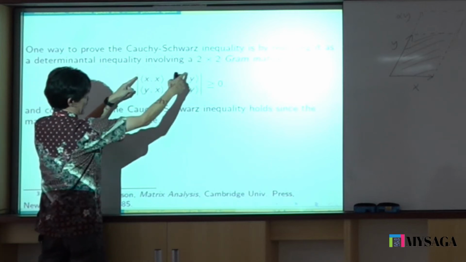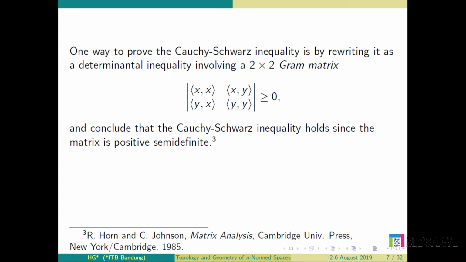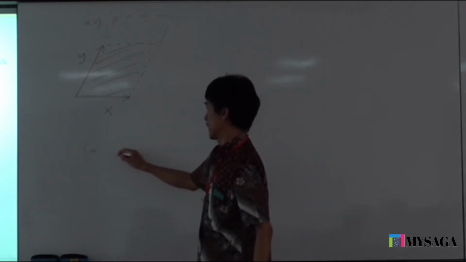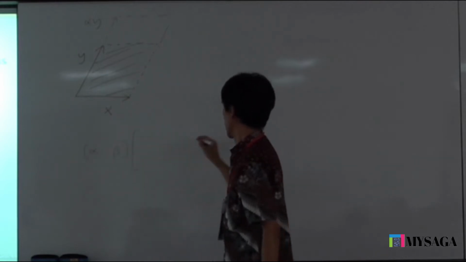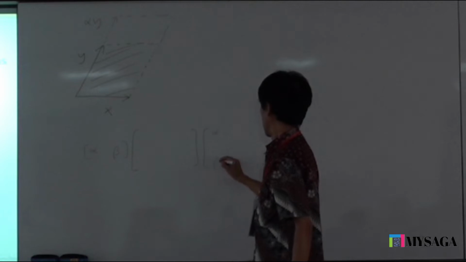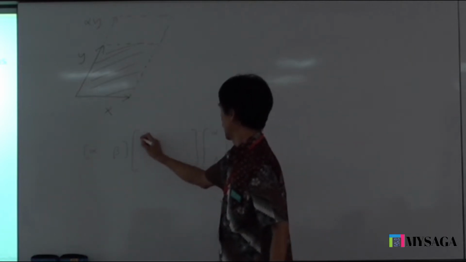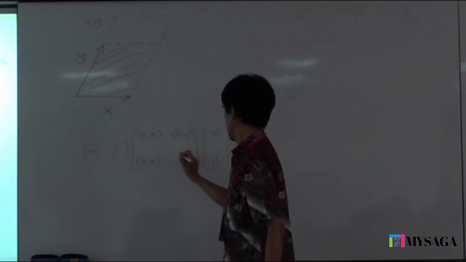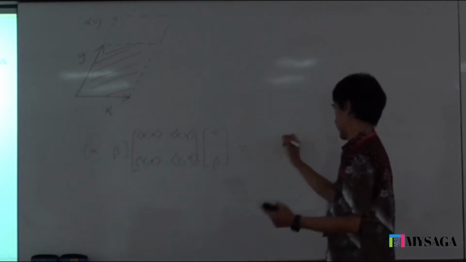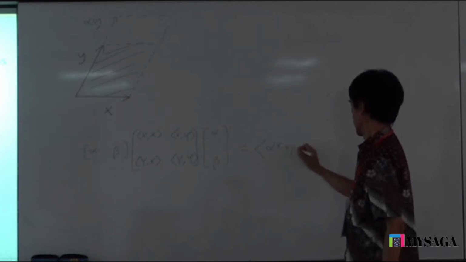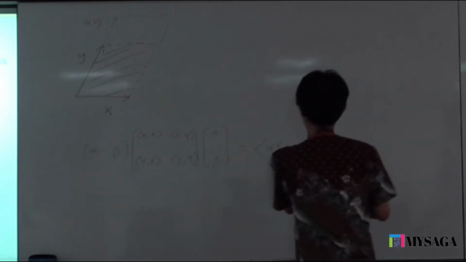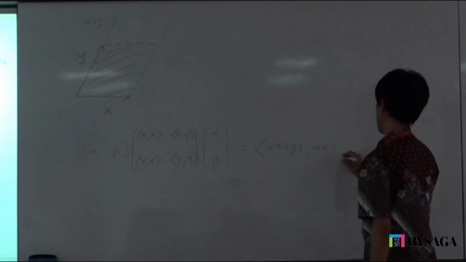For the students, how to check the matrix is positive semi-definite: you multiply this by the factors alpha and beta, and then you multiply by that. Of course, you have to check step by step, but at the end you will get this.